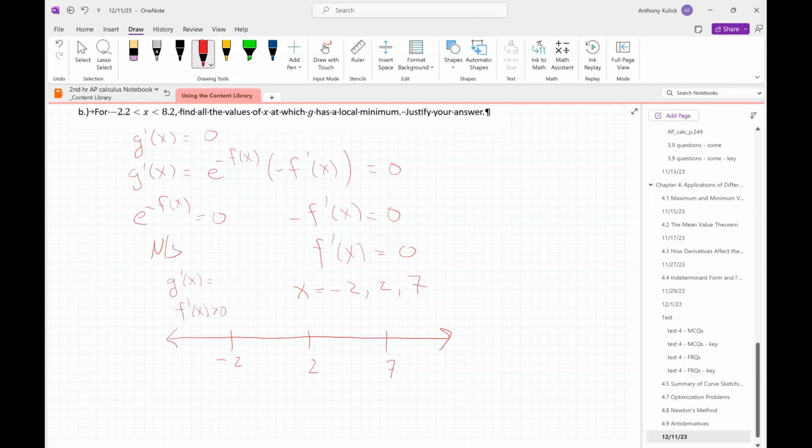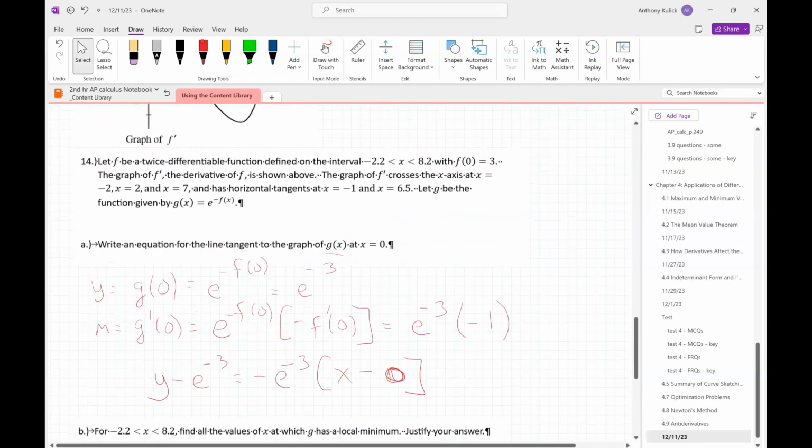So that's going to be a negative times a positive, so that's negative, times a positive, so that's going to be negative, right? Everybody's okay?